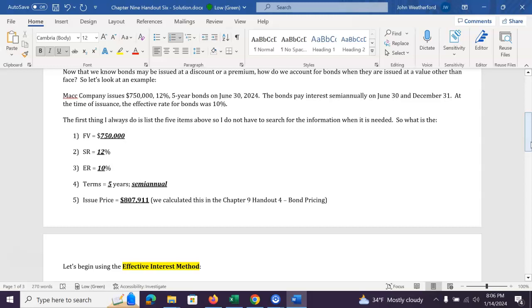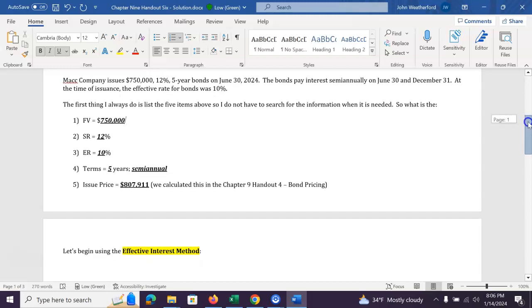This will mean that our cash paid for interest and our interest expense will be different each period. Here, since there was a premium, cash paid for interest will actually exceed interest expense recorded because that extra received up front ends up reducing future periods' interest expense.